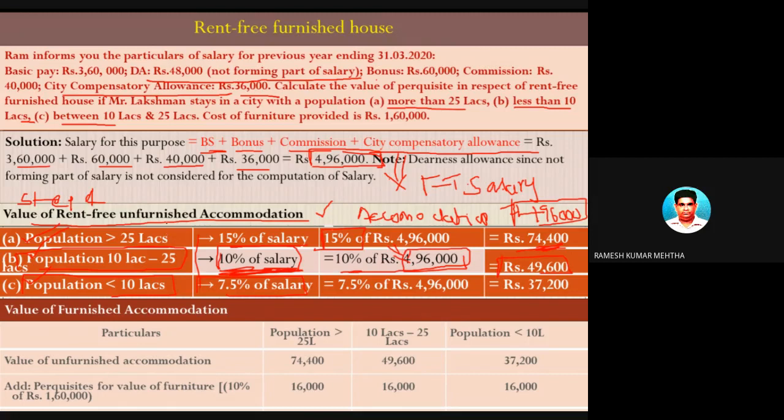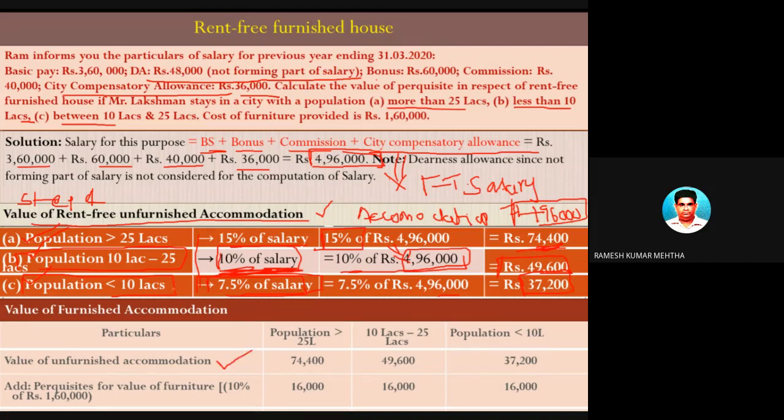So substitute 7.5% of rupees 4,96,000. Salary we have already calculated, 4,96,000. 4,96,000 into 7.5 percent, you got 37,200.